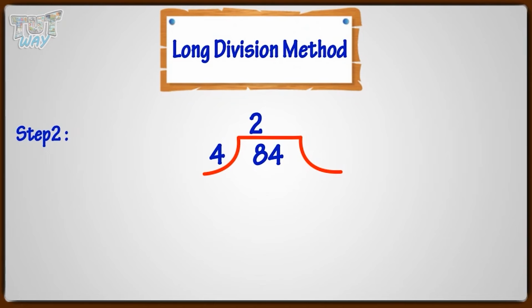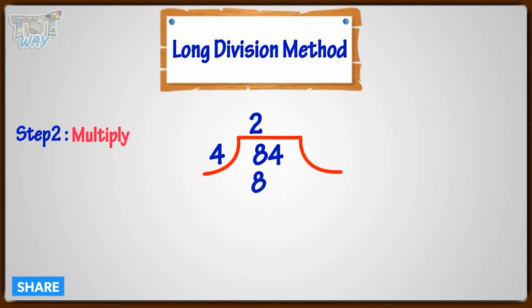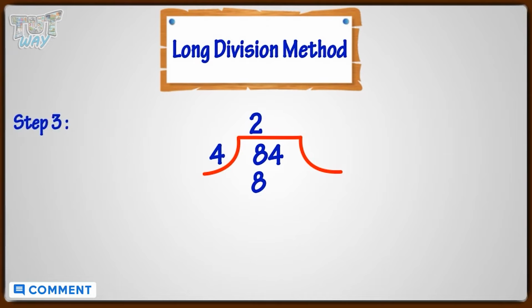Now, the second step is multiply. Here, multiply the divisor with the number we found in the previous step and write the product below. Now, the third step is subtract. Here, subtract the multiple from the first digit of the dividend and write the difference below.